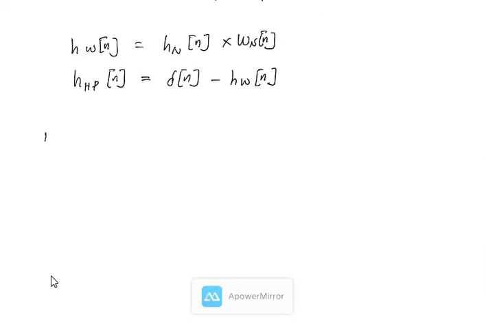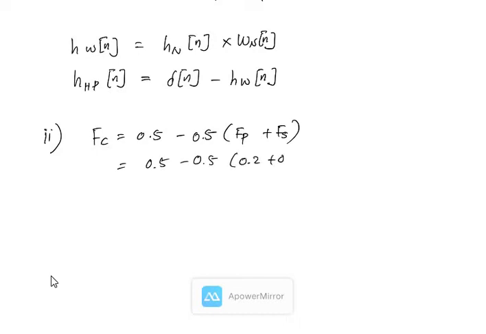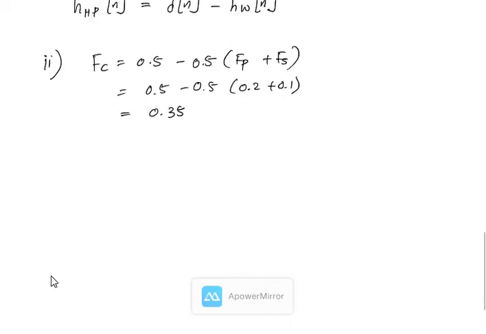The second method is using Fc equal to 0.5 minus 0.5 times Fp plus Fs. So we substitute the values of Fp and Fs, and we obtain 0.35.